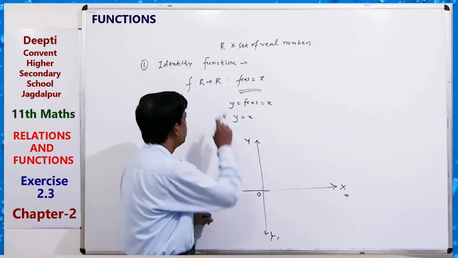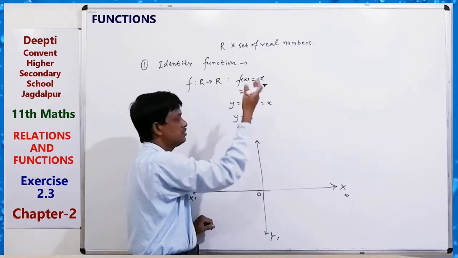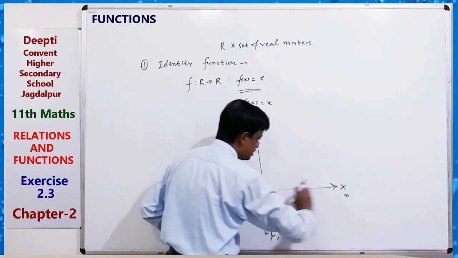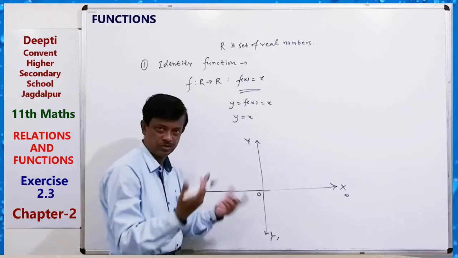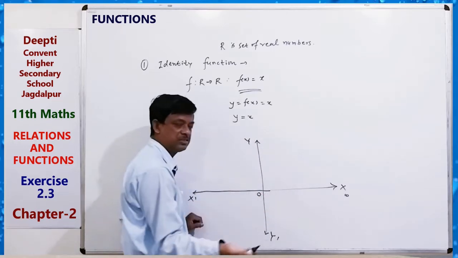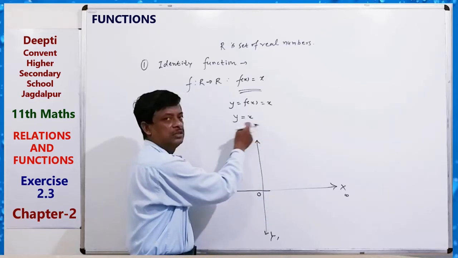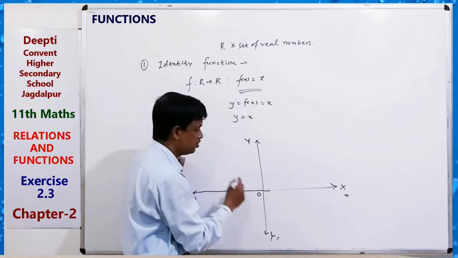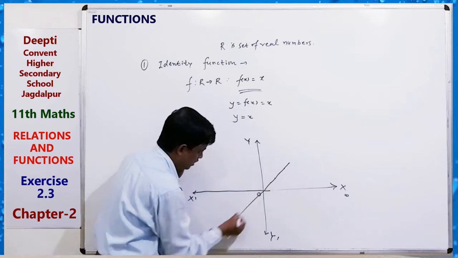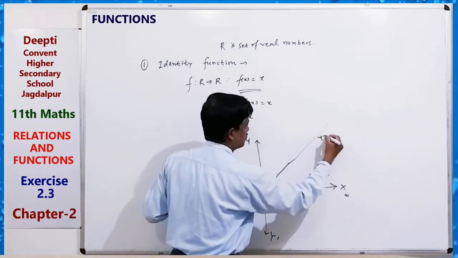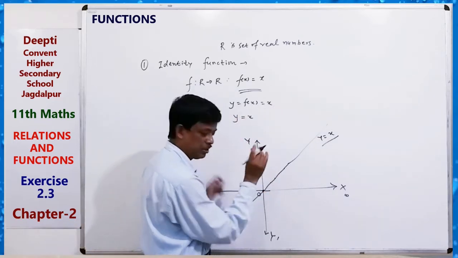Here x lies on this line, complete real numbers, and y equals x also. So we can draw this line simply, taking some points: 1, 1, then 2, 2, then 3, 3, 4, 4, minus 1, minus 1, minus 2, minus 2. So its graph is a straight line, y equals x, the identity function, passing through the origin.